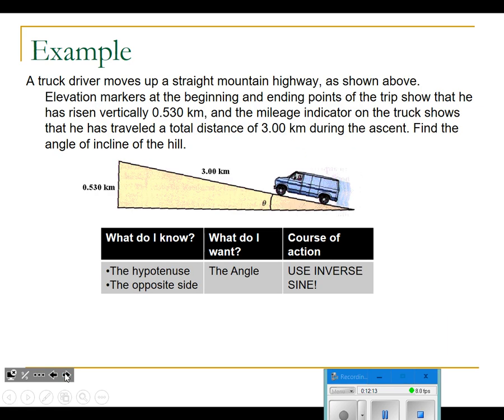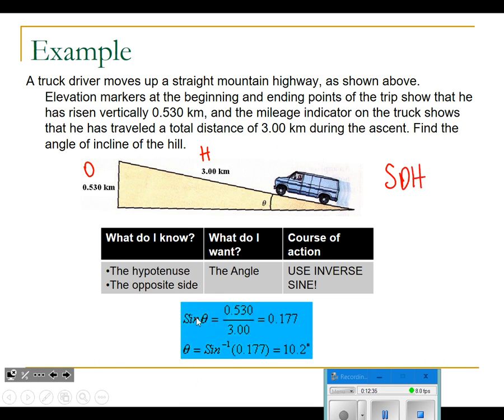All right, so the truck driver moves up a straight mountain highway, and the elevations are marked, and I want to know how to find the angle. So I have the opposite side and I have the hypotenuse, so that would be my sine, for SOH. So I could then do sine of the angle equals the opposite over the hypotenuse.